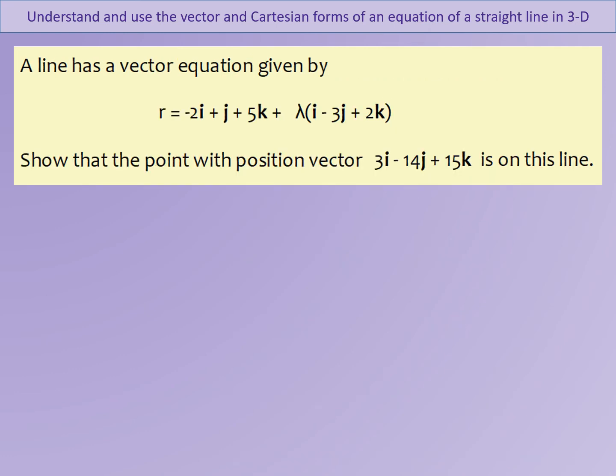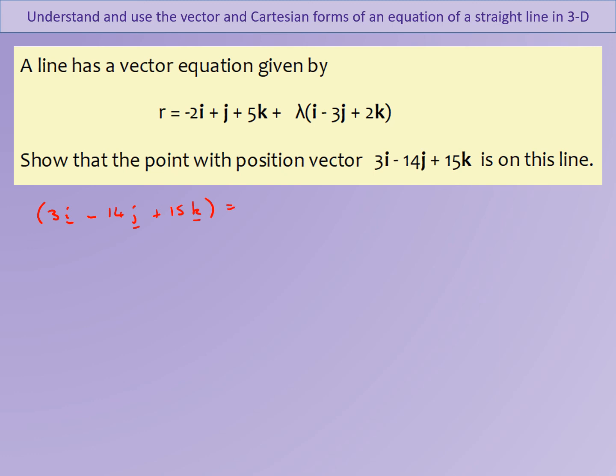We can also show that a point lies on a line in unit vector form, i, j, k. Again, we can do this by substituting the point in for r. So here we have 3i minus 14j plus 15k.